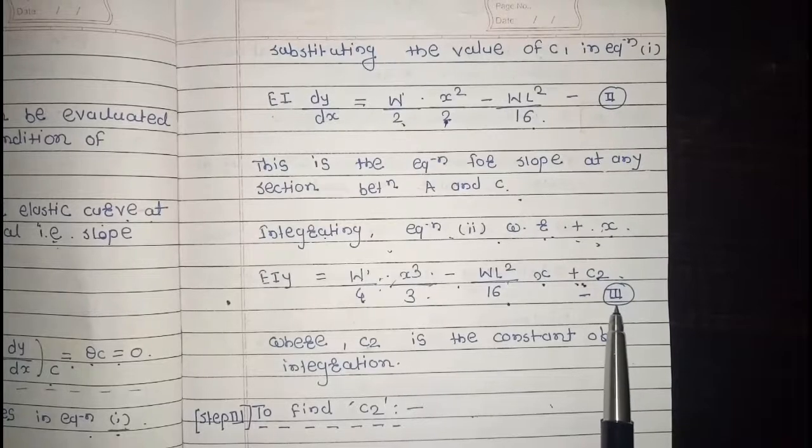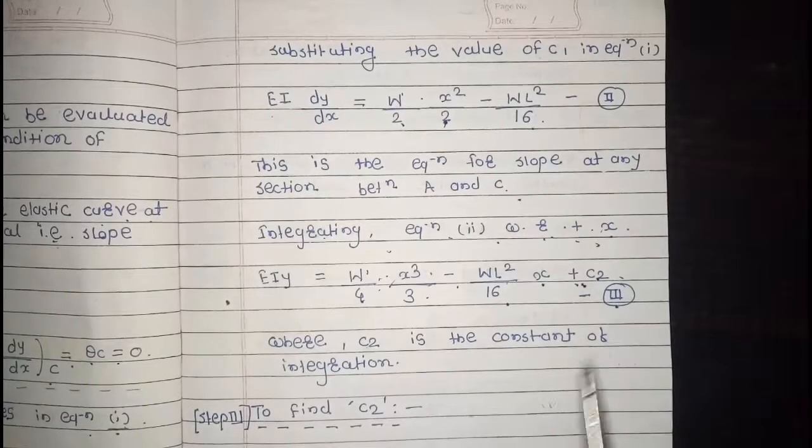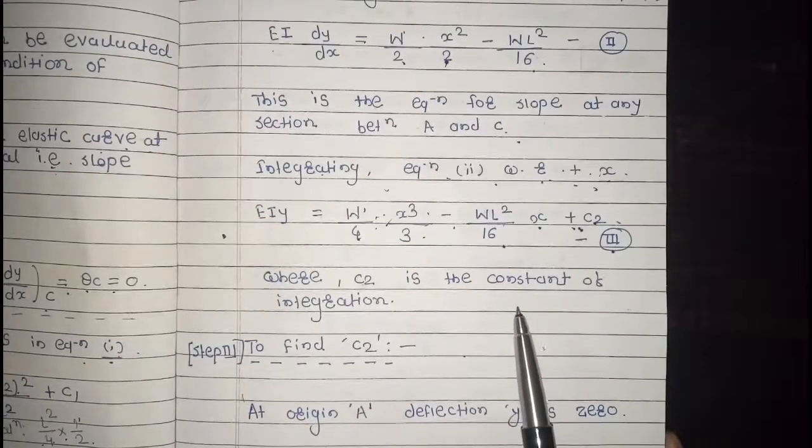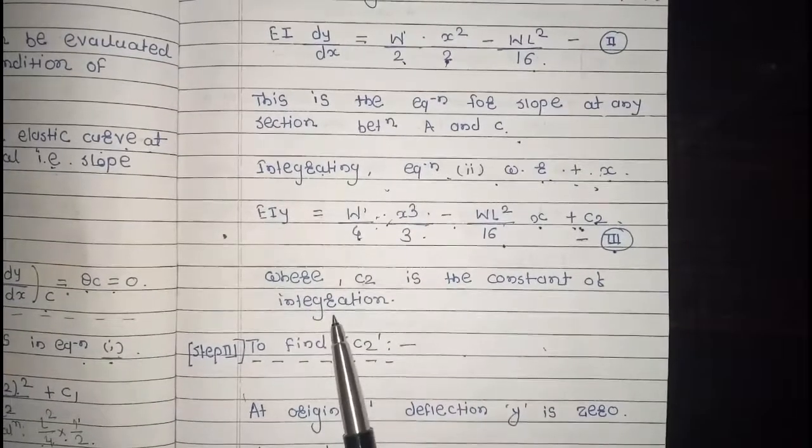This is equation number 3, where c2 is the constant of integration.